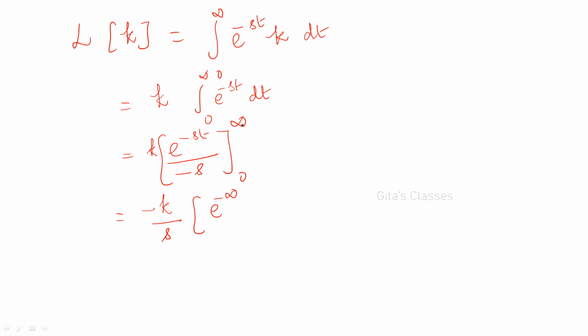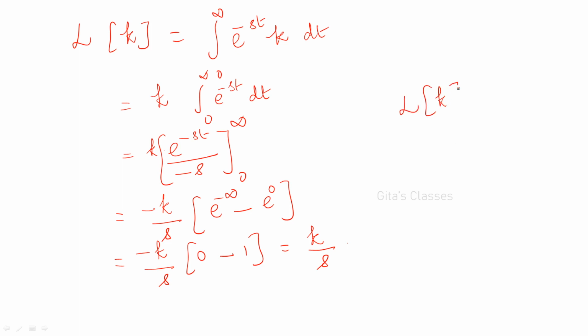Wherever you have t, you apply the upper limit first, minus apply the lower limit. So this is equal to minus k by s into, e power minus infinity is 0 and e power 0 is 1. Therefore it is k by s. Therefore L of k is equal to k by s.